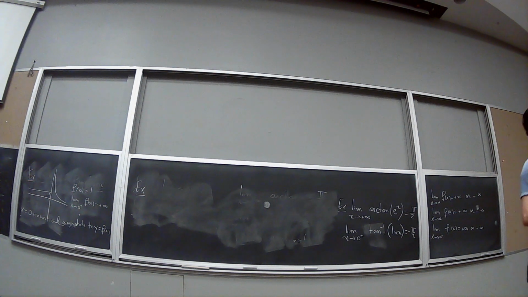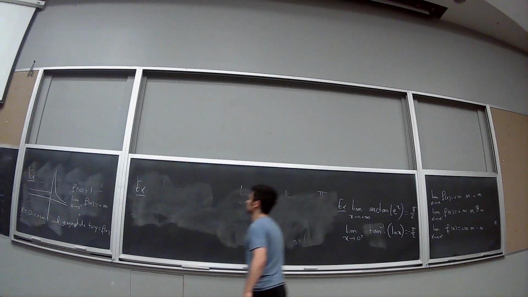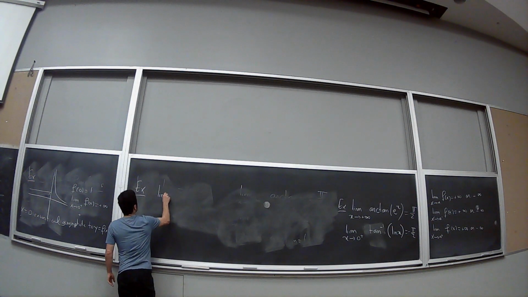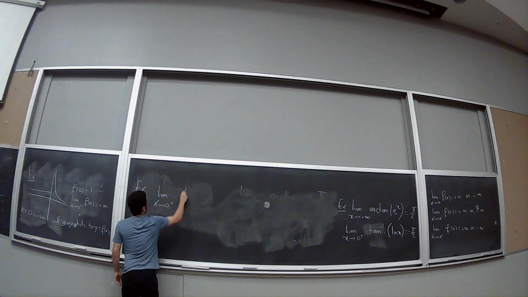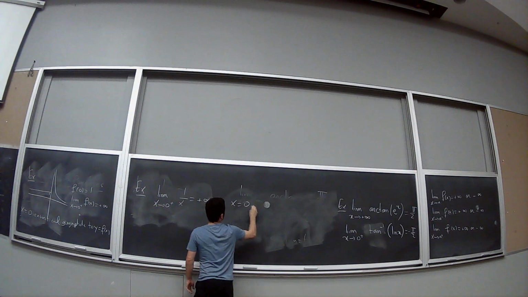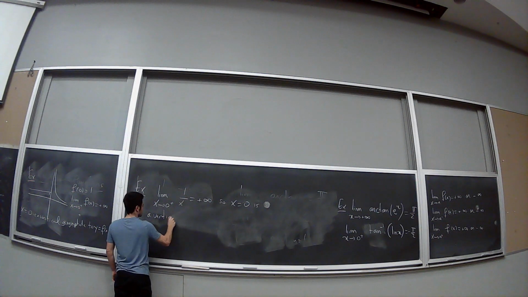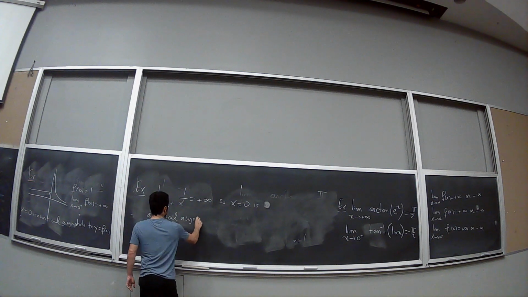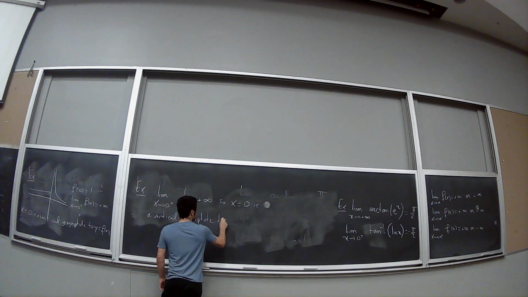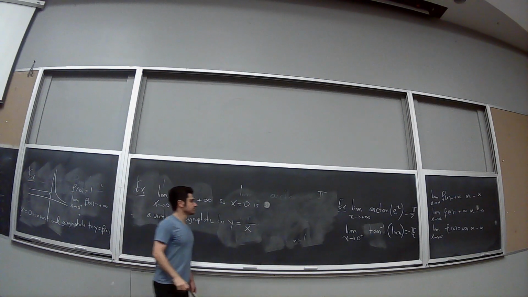The limit of 1 over x as x approaches a non-zero a is 1 over a, right? So the only possibility is that x equals 0, and indeed the limit is plus infinity. So x equals 0 is a vertical asymptote to y equals 1 over x. Okay, great.